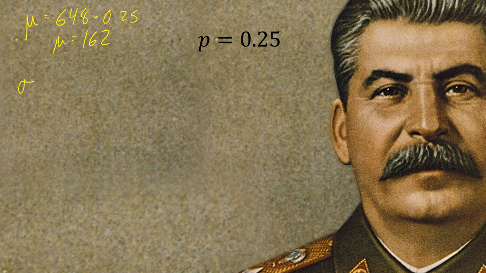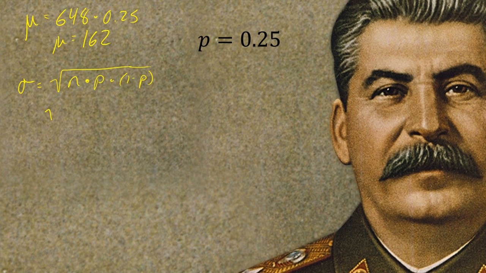So now we go, okay, what's our standard deviation? Well, it's kind of the same as the previous one, but it's not simplified. The one we used previously was simplified. This is the more expanded version. Basically, it's the square root of n times p times 1 minus p. So it's the number of flips times the probability of us winning times the probability of us losing.